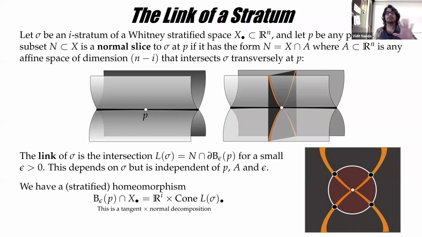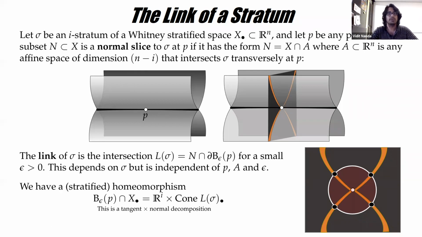So if you look at this picture over here, the link is 4 points. The cone on the link is exactly the X shape that you would get by coning off 4 points. And then R^i is just R because it was a one-dimensional stratum. So it's like the figure X cross a line. And if you look at the point P, that's exactly what its neighborhood looks like.